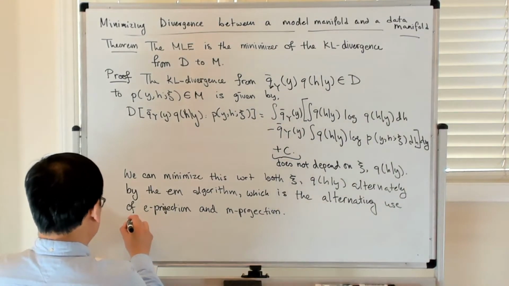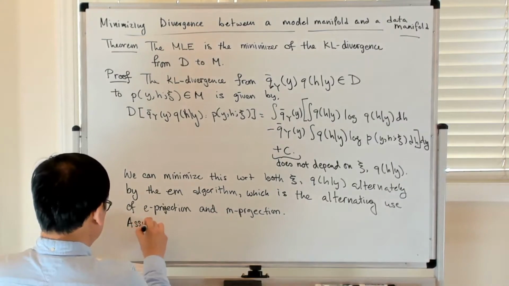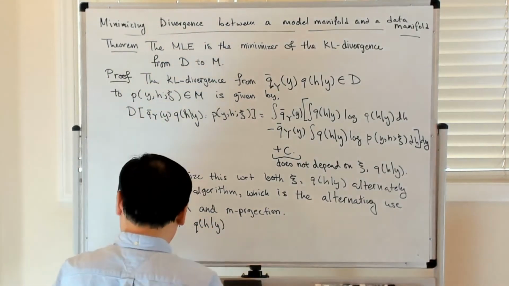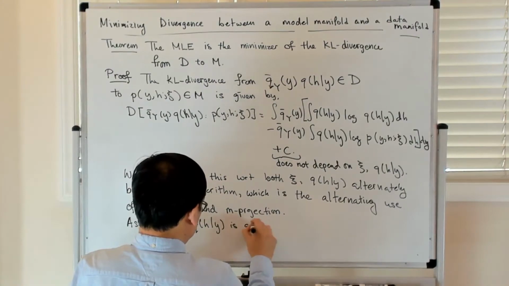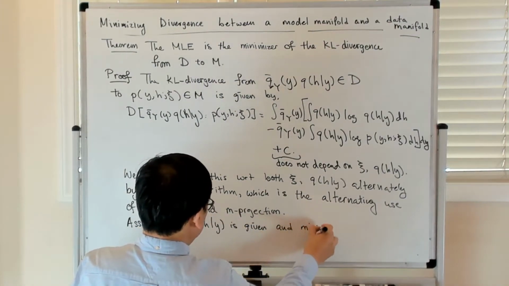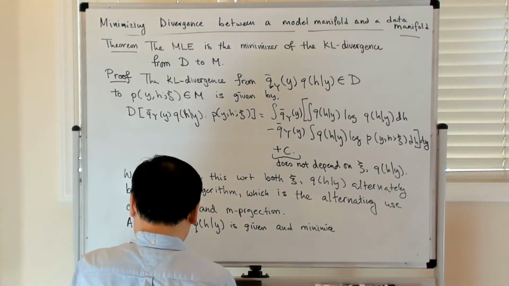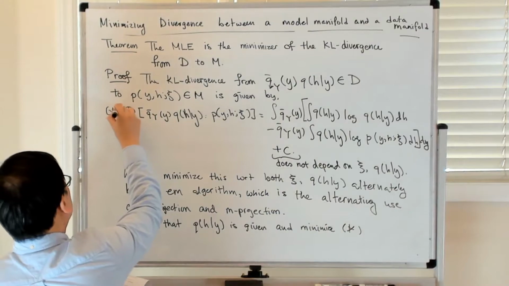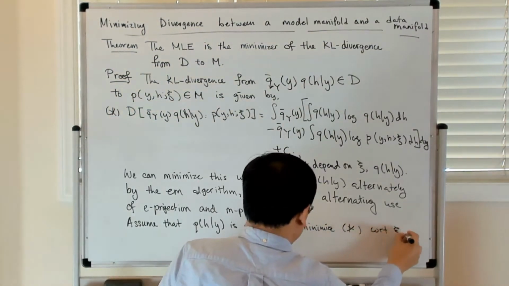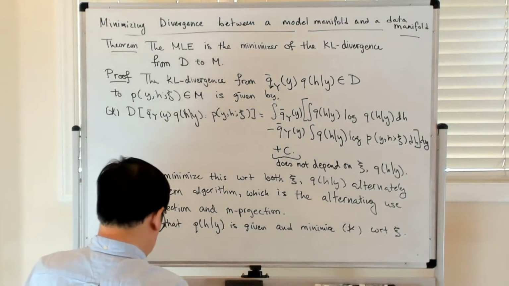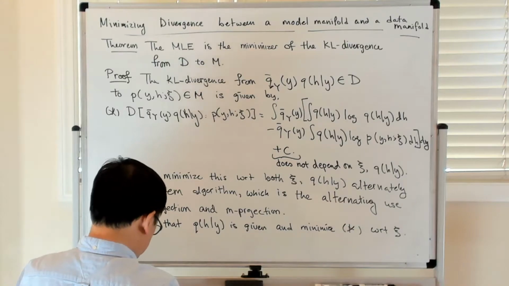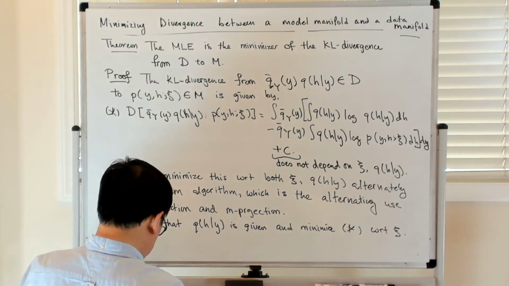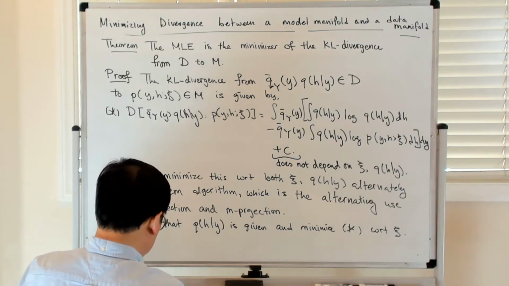So as a first instance, for example, you can assume that this conditional probability Q H conditioned on Y is given, and then we minimize the KL divergence with respect to C. So let's call that star with respect to C. So let's see how you go about doing this.